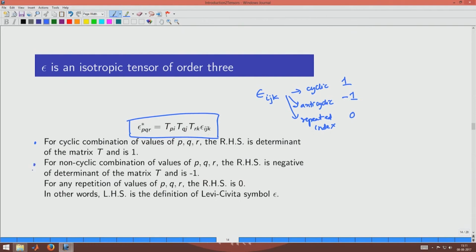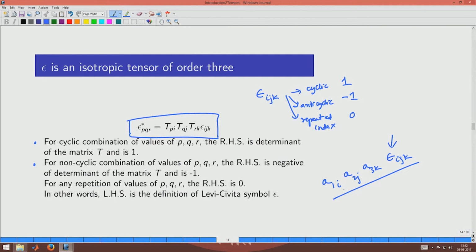Okay, and to remember, you also know that A1i, A2j, A3k, epsilon ijk. So, this was the definition of the Levi-Civita tensor being used to define the determinant of a matrix A. So, we are using this definition to check.